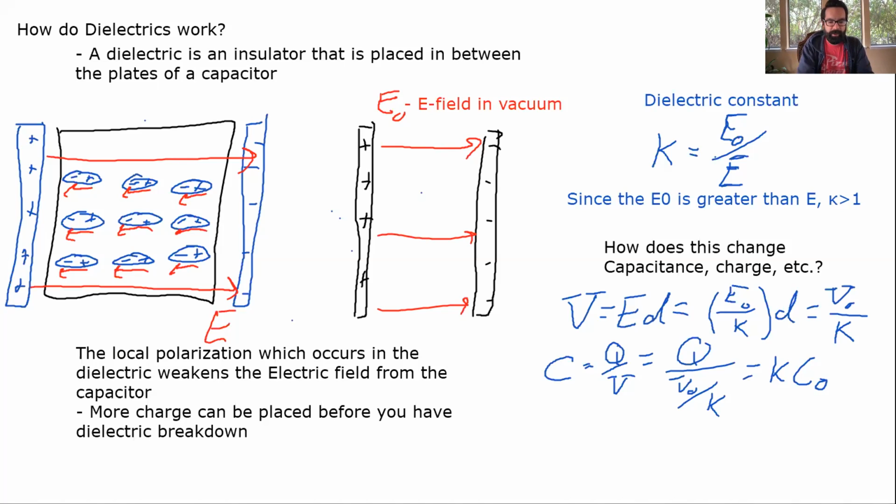So Q over V0 becomes C0, and then we still have that K. K is the denominator of a denominator, so that brings it back up into the numerator. So what this is telling me is that if you insert the dielectric into a capacitor, K being greater than 1, you're going to get a larger capacitance.